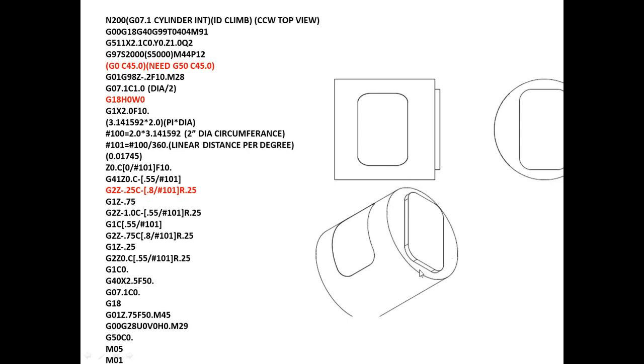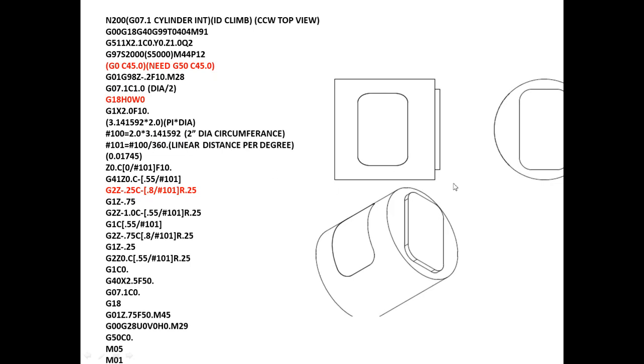The CAM software calls it unwrapping the diameter. We all know the linear length of the diameter is pi times the diameter, which I put here as #100, the 2-inch diameter, times pi, 3.1415926, which gives us 6.28 something.